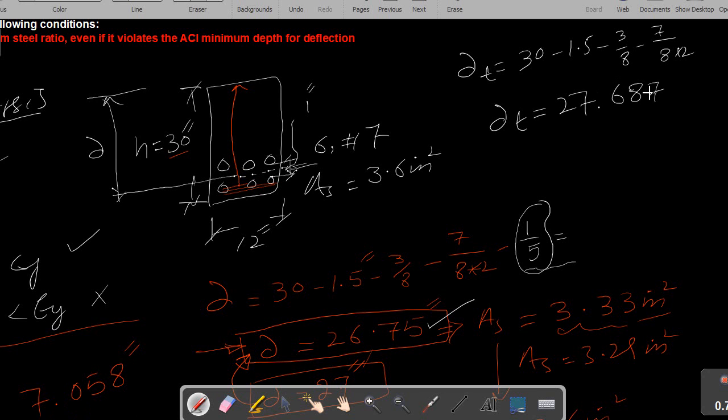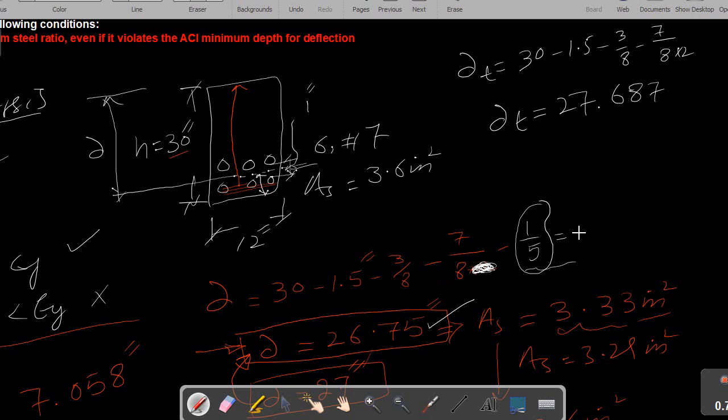27.687, right. One thing to note here: this 2 should not be included. We have to count the whole bar diameter, not the half, because we have to subtract this distance, so this 2 will not be counted.